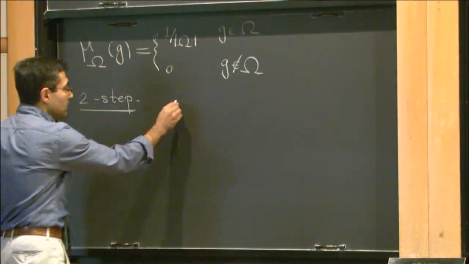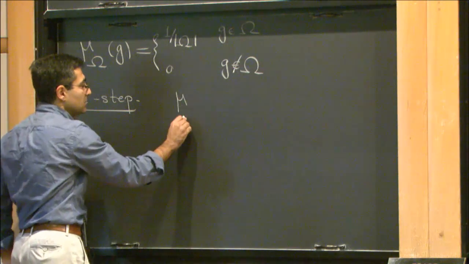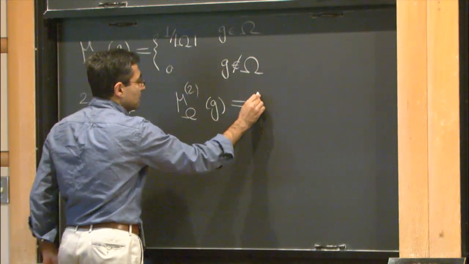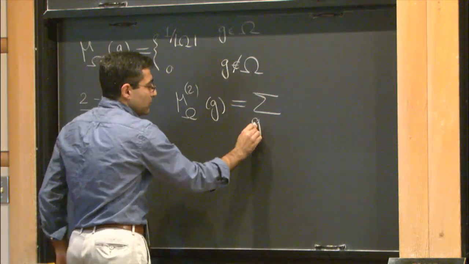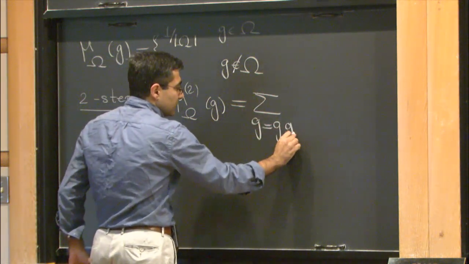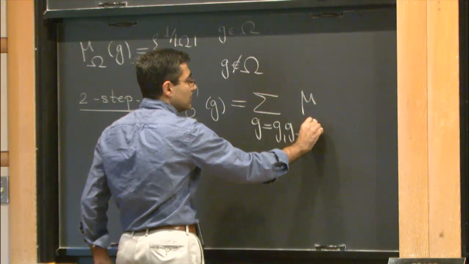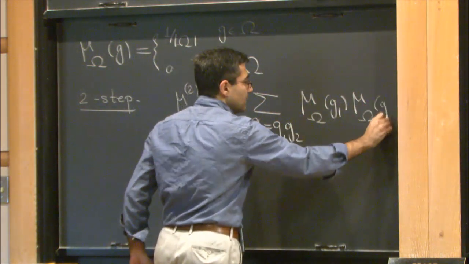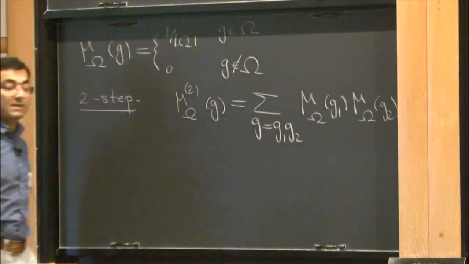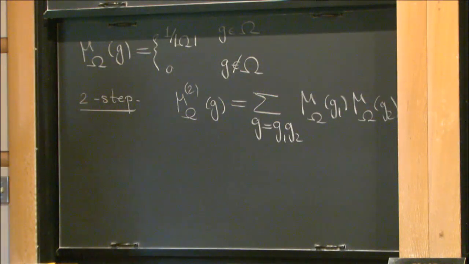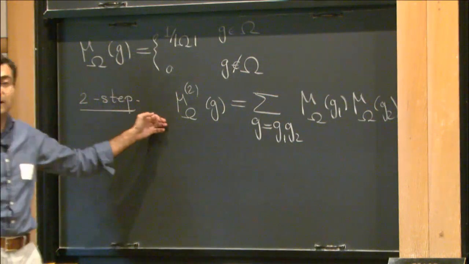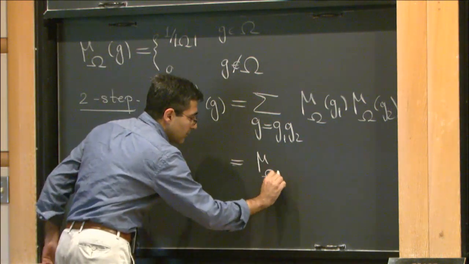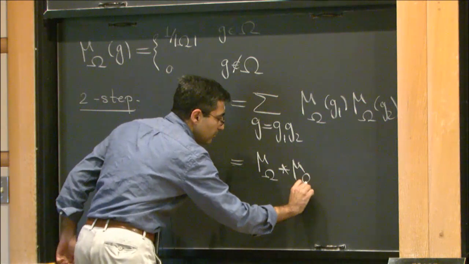And then the probability law, which we usually denote by this, we write down g as a product of two elements, and then multiply the probability of reaching the first one and the second one. If you haven't seen it, this is called the convolution of this probability law by itself.